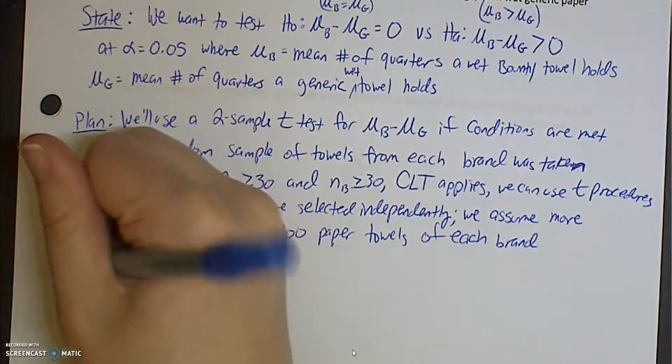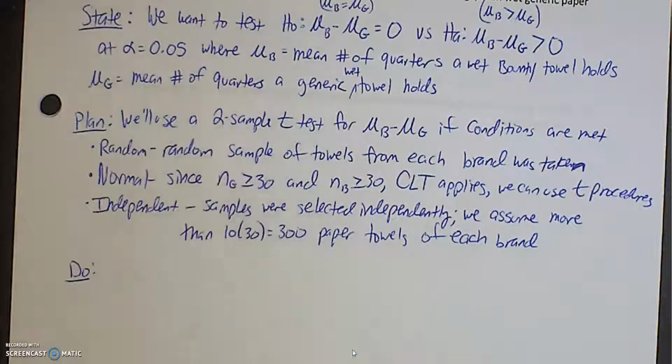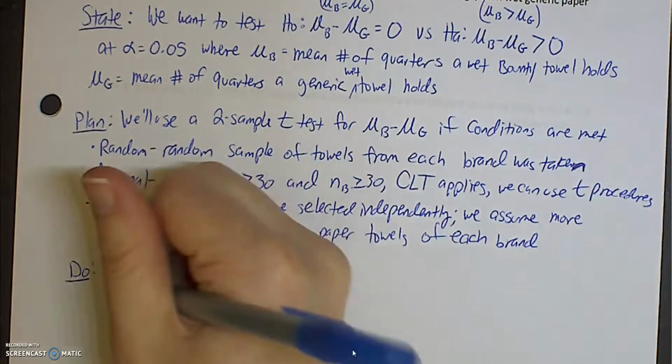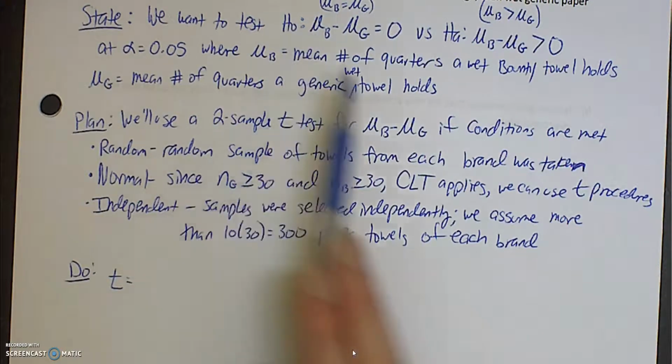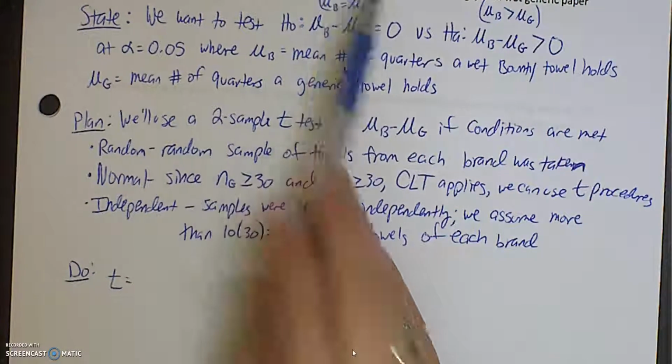So now we come to the math part. Just like when we did confidence intervals, we need to look for degrees of freedom after we find our test statistic. So t is equal to the difference of our means.